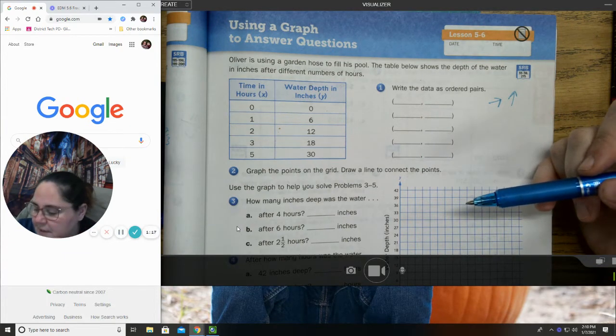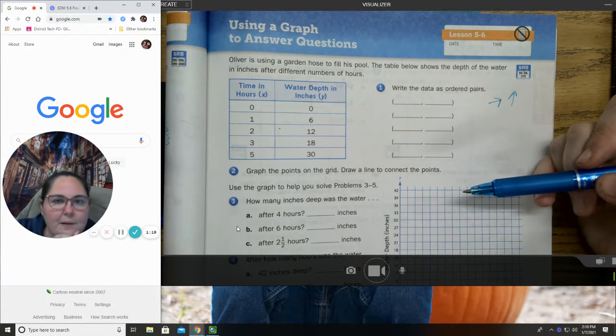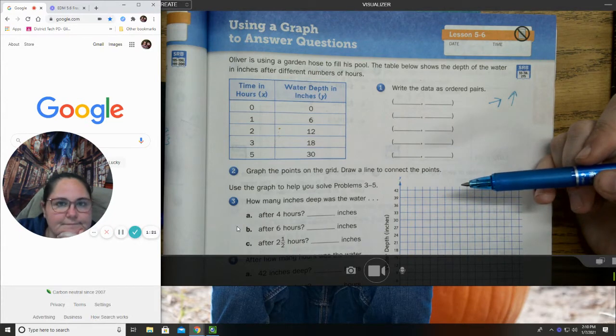If you don't have your Everyday Math workbook, you can print this page as well. Did you write them down? Hit pause. You can come back. Are you done now? Great.